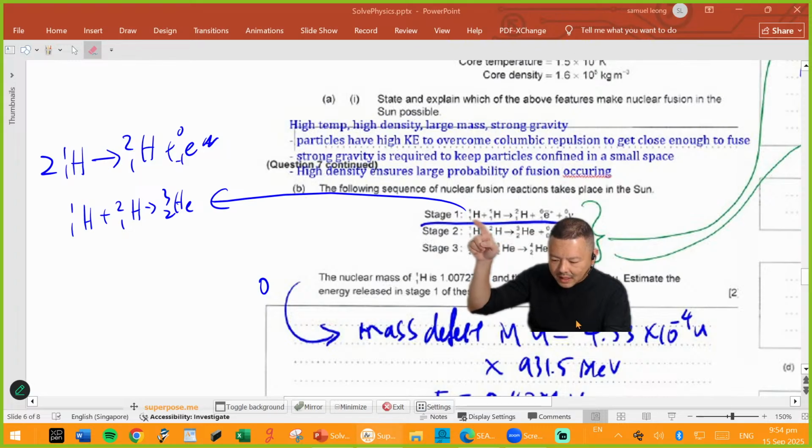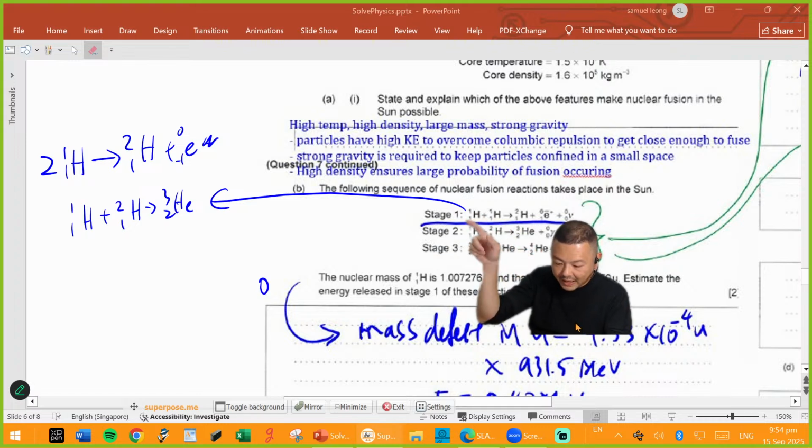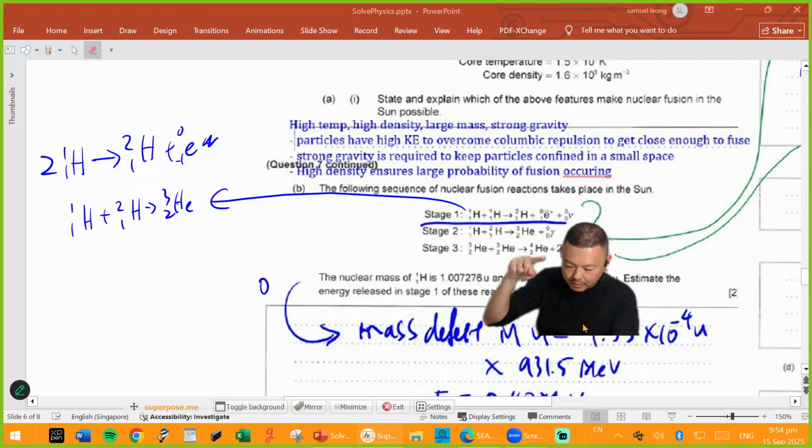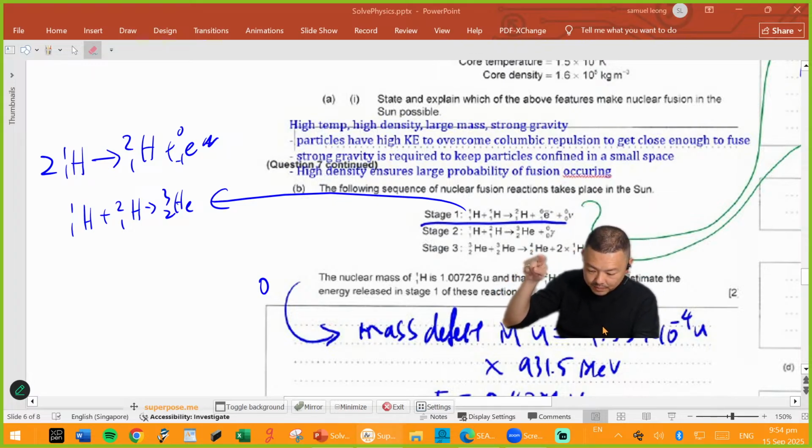If you look at the start all the way to the end, you're combining two deuteriums into a 4 2 helium, right? The end product is helium.